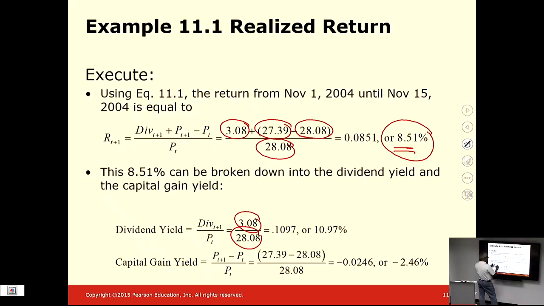If there were multiple dividends, we would simply add them all up. Here, with only one dividend, 10.97% of your return was driven by dividend yield. Then the ending stock price minus the beginning stock price, divided by the beginning stock price, is the capital gains yield, and I lost 2.46%. So 10.97 minus 2.46 gives 8.51.